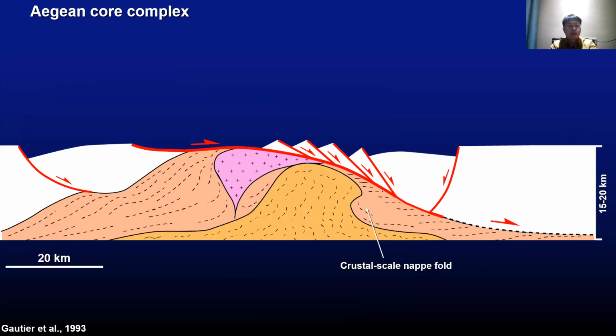From the cross-section, we can see the footwall will tilt backwards, and large detachment faults expose the lower continental crust material with the intrusion of the syntectonic intrusives.